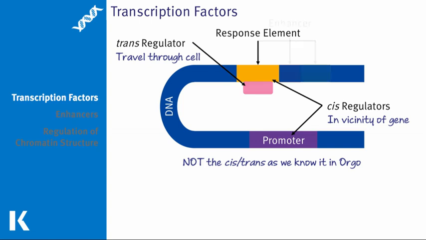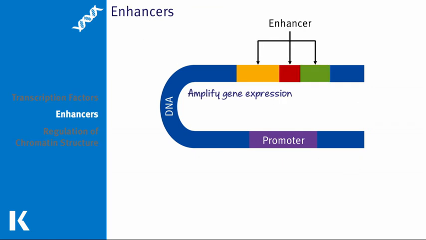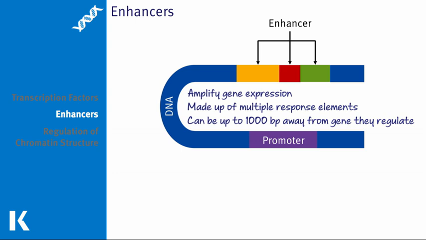Response elements are the first line of attack to produce more gene products, but if you need even more than that, enhancers amp gene production way up. If that sounds similar to what response elements do, that's because enhancers are actually just a little team of many response elements who join forces for maximum impact. They don't need to be close to the gene on the DNA strand to increase production.